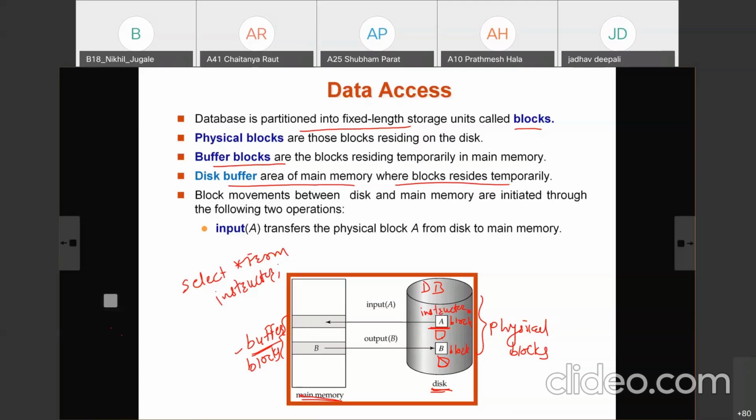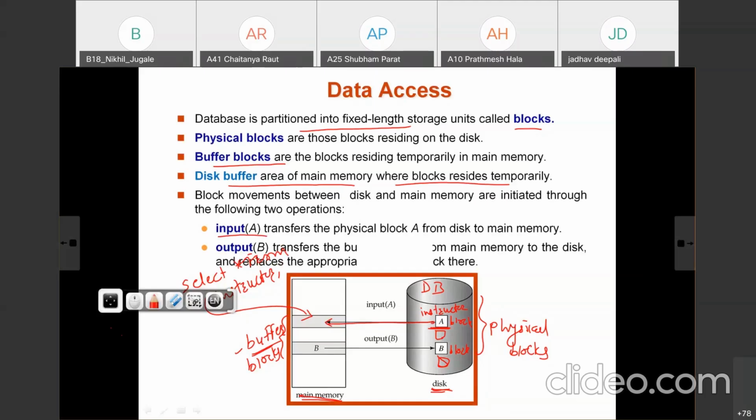But the instruction is executed only in main memory, and that's why this block needs to be transferred from disk to main memory. The operation used for it is input A: transfer the physical block A from disk to main memory.